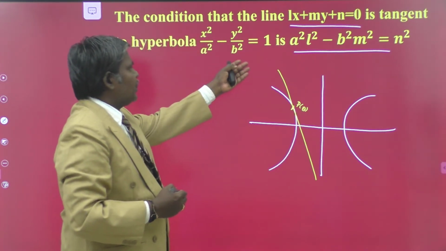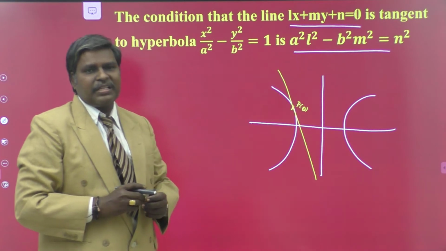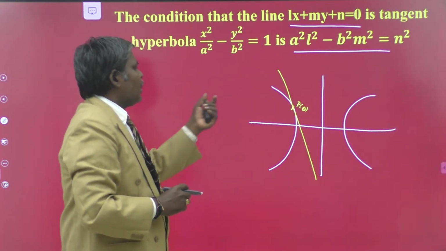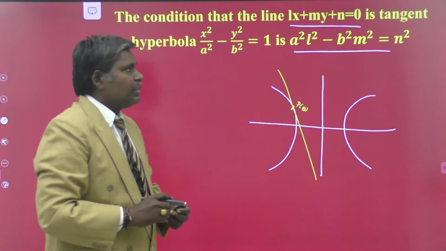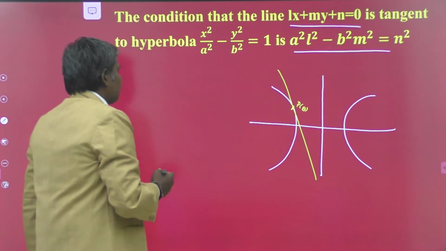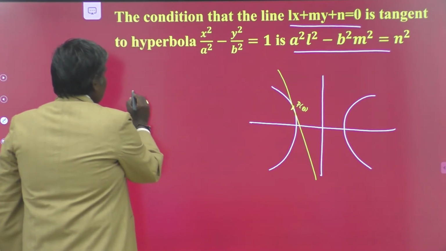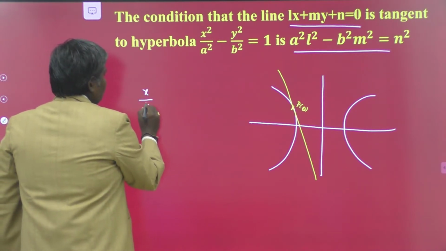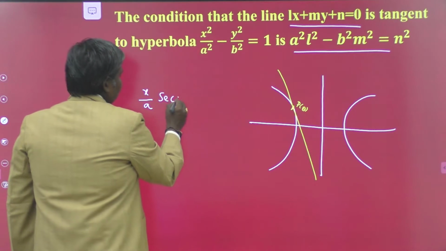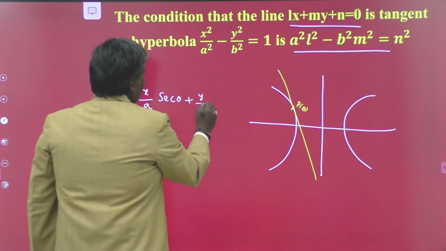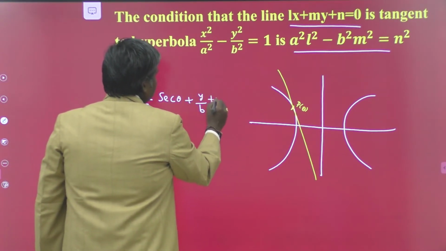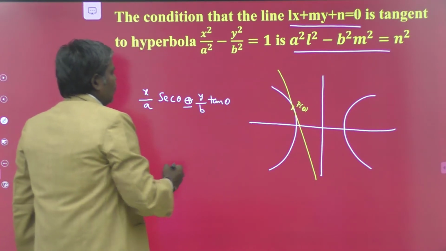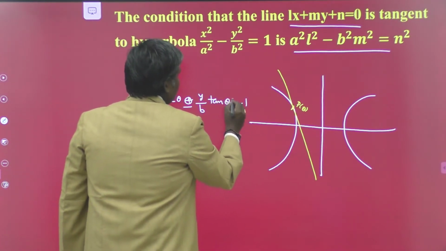The equation of tangent at P of theta is x by a secant theta minus y by b tan theta is equal to 1.